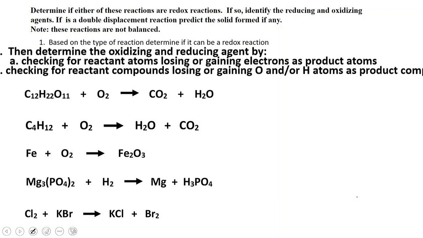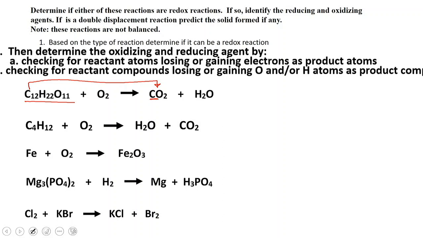So let's take a look at the first combustion reaction. Remember we said that when looking at covalent compounds, you look to see the loss and gain of hydrogen atoms. So let's take a look at this whole compound. Carbon is attached to a bunch of oxygens and hydrogens, right? However, when we look at carbon on our product side, it's only attached to oxygens, right?